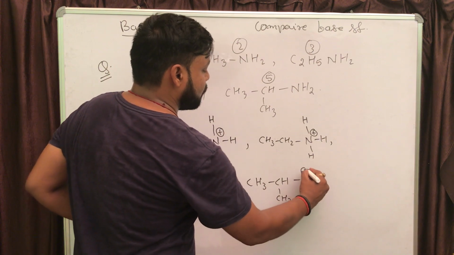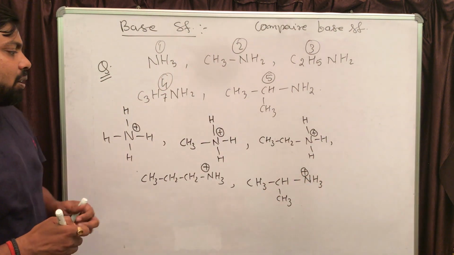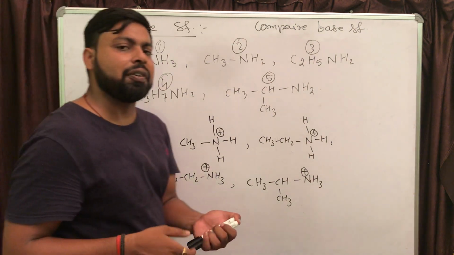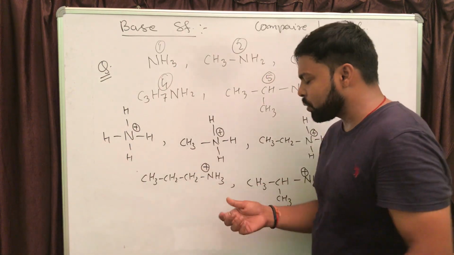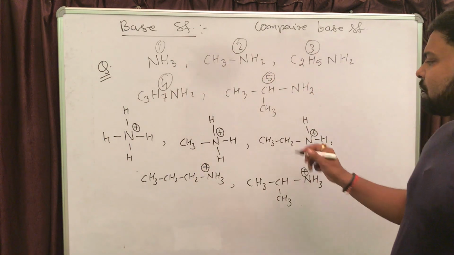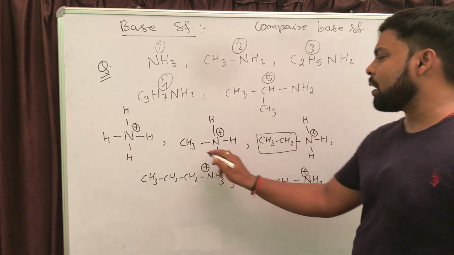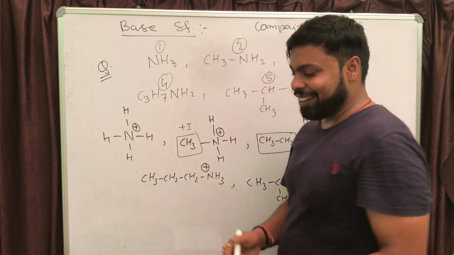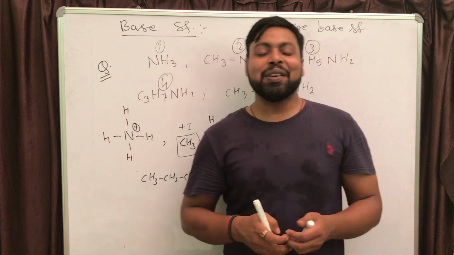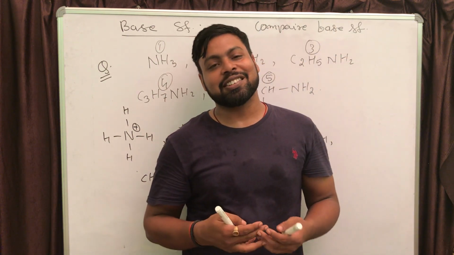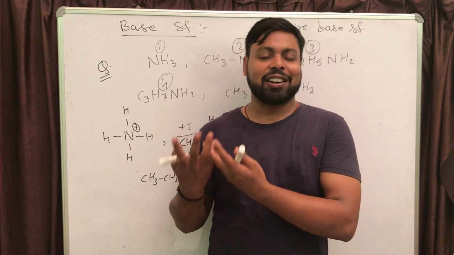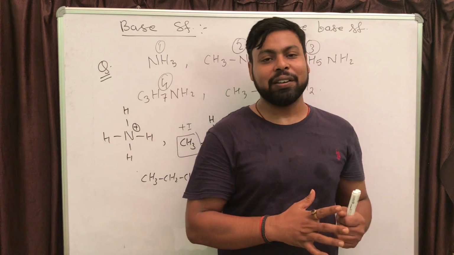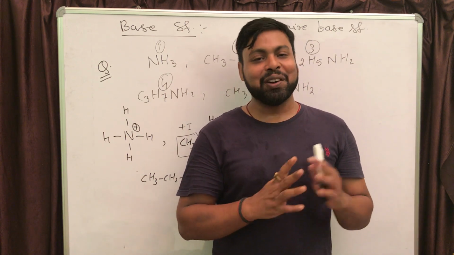Now we need to decide the stability of these conjugate acids, and for the stability, definitely we are going for the stability of the positive charge present on nitrogen. And if you look, these alkyl groups are going to apply plus I effect, right? Again I'll repeat the same statement. If you want to compare the acidic strength or base strength or stability of that particular cation or anion, the portion which is common, do not use your mind over there.